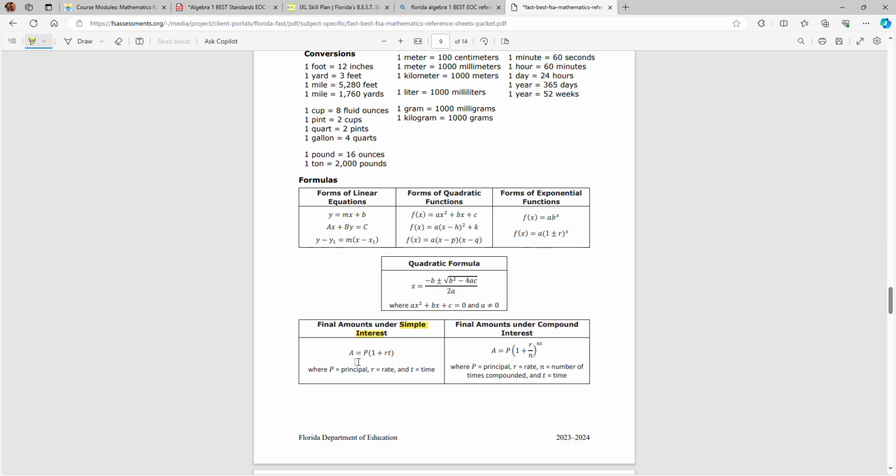So the final amount, A, under simple interest is where the principal is multiplied by the rate times time, or multiplied by 1 plus the rate times time. So just so you know where I'm getting my formula from, it's right here on the reference sheet.